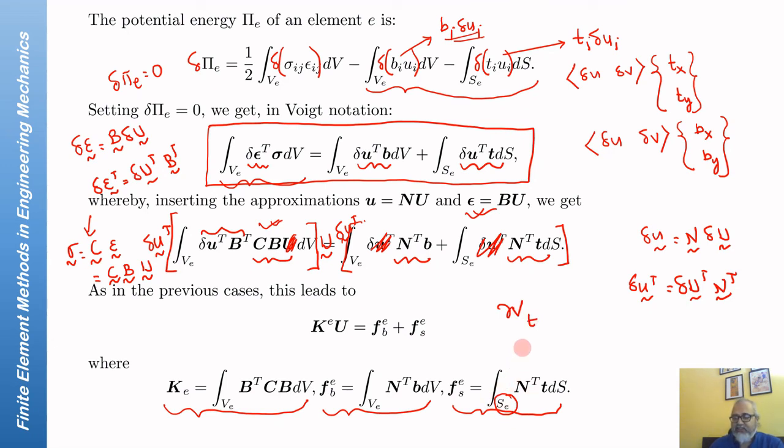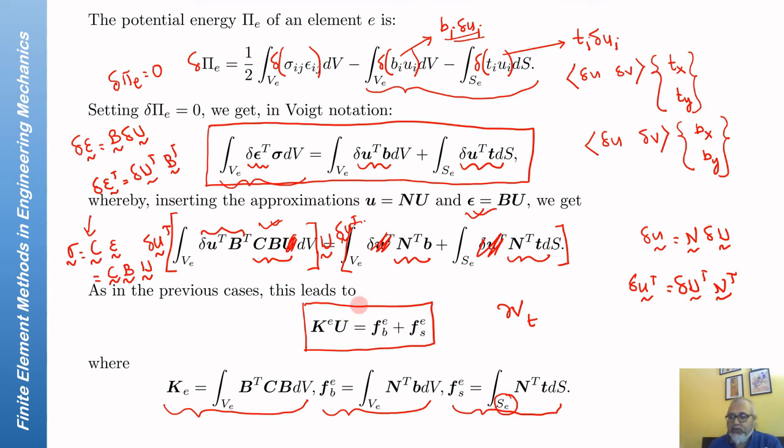If SE shares some part of delta VT, then only this comes into the picture, otherwise not. So this is then my finite element discretization. This is the local stiffness matrix for this three-noded triangular element.